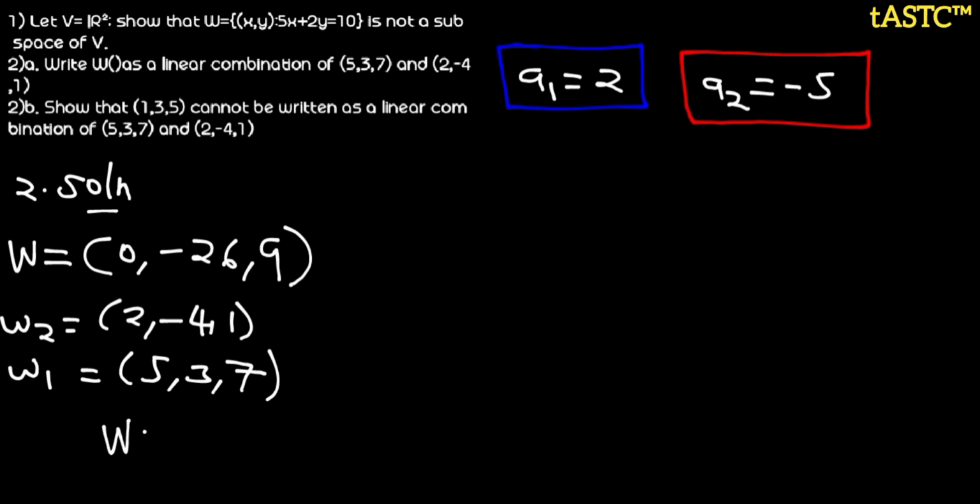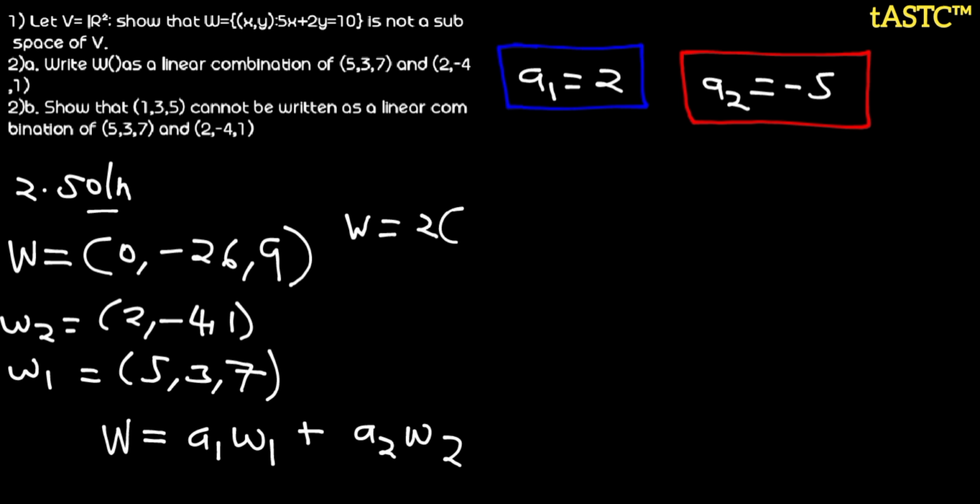We said W should be represented as A1 W1 plus A2 W2. Just making a whole lot of mistakes. So let us try to do that. Now what is A1?